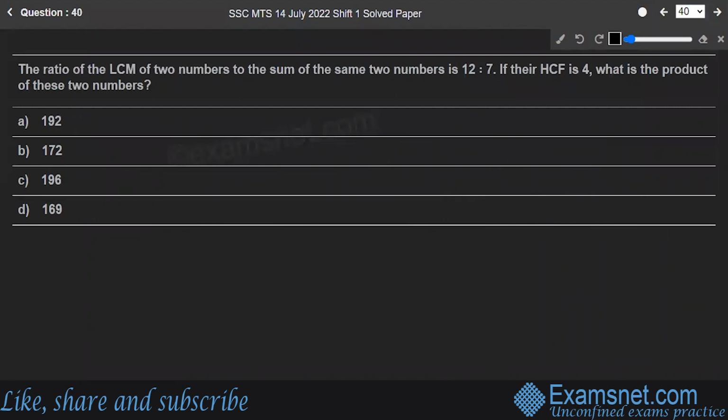Question number 40. The ratio of the LCM of two numbers to the sum of the two same numbers is 12:7. If their HCF is 4, what is the product of these two numbers?